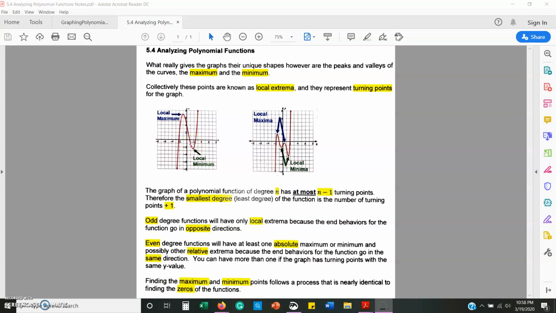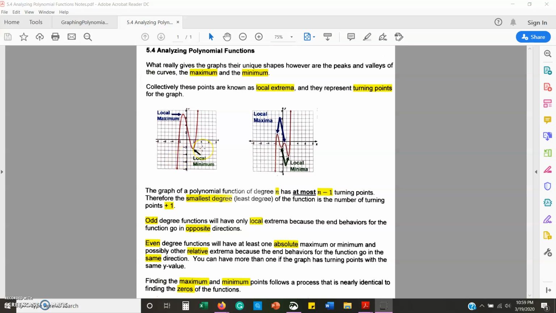And they're considered local because it's just right in this area. There's still more happening on the graph. The graph does go much higher, goes off to infinity over here on the right side, and this is a local minimum here, just right in this area. That's the lowest point, but the graph overall does go lower.